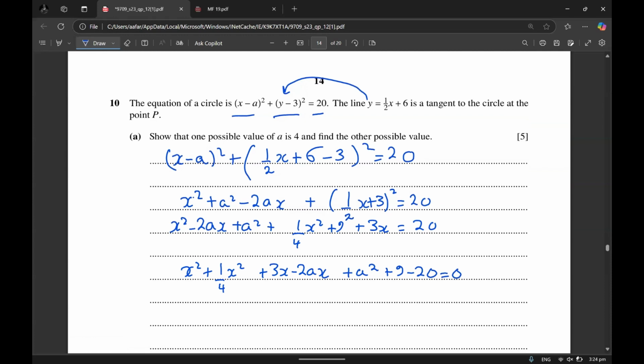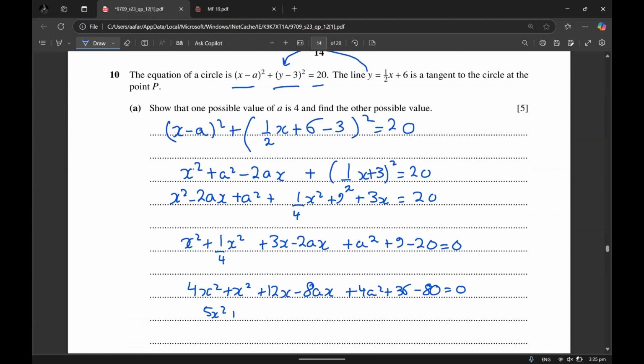So how about we take 4 common in all of the terms? So we get 4x square plus x square is 5x square, plus 12x minus 8ax, plus 4a square plus 36 minus 80, which is 4a square minus 44, equal to 0.